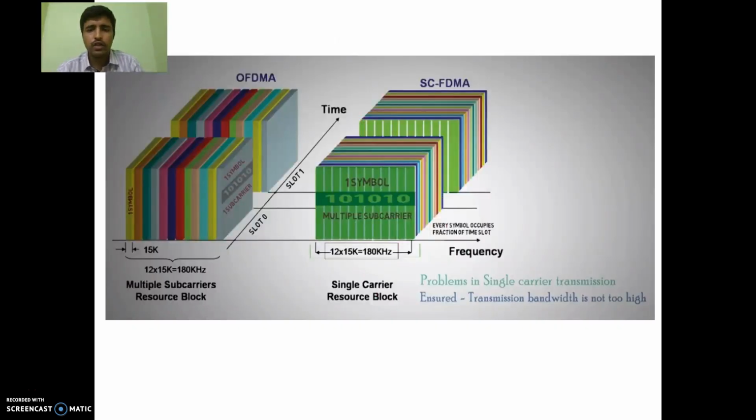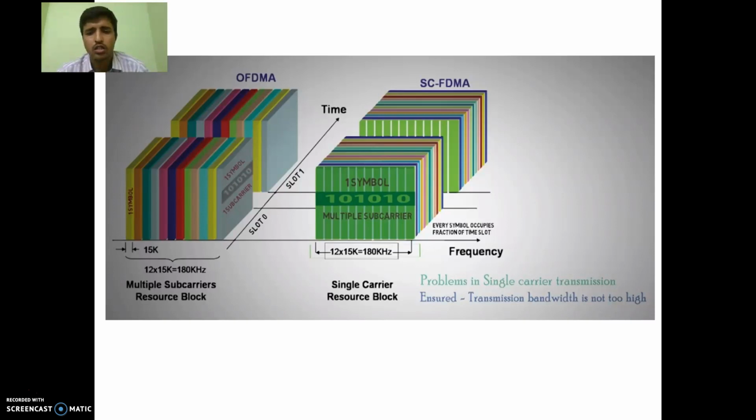In OFDMA, we have one-to-one mapping between symbol and subcarriers, but SC-FDMA allows a symbol to be transmitted in parts over multiple subcarriers. For example, in OFDMA, one symbol occupies one subcarrier of 15 kHz, but in SC-FDMA, the same symbol can be distributed among multiple carriers of 15 kHz.